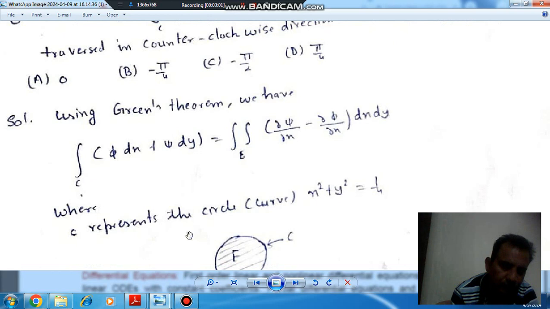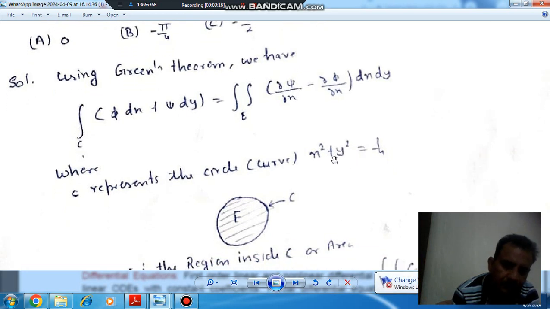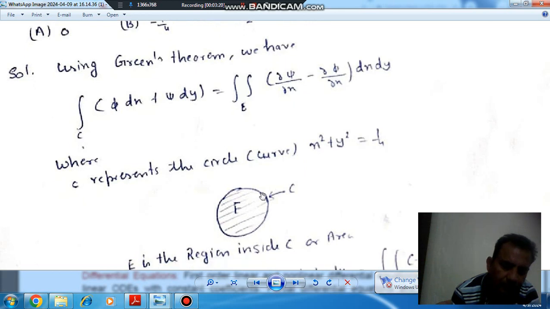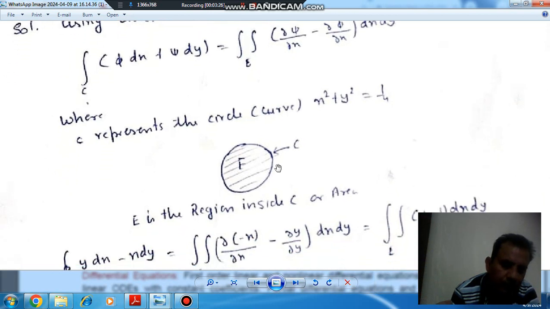So this is your curve and region E is this. This surface is given by the equation x square plus y square equal to 1 by 4, which is the equation of a circle with radius 1 by 2 and center at origin.